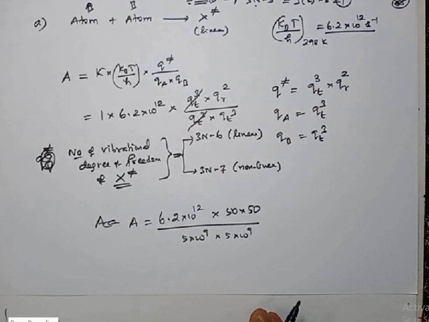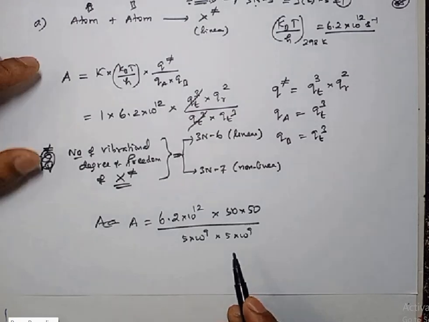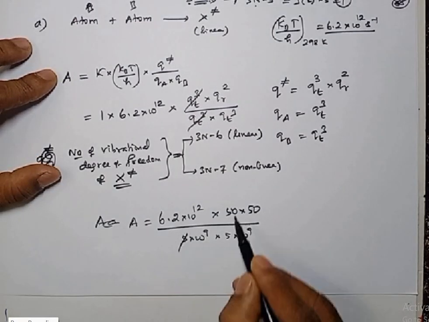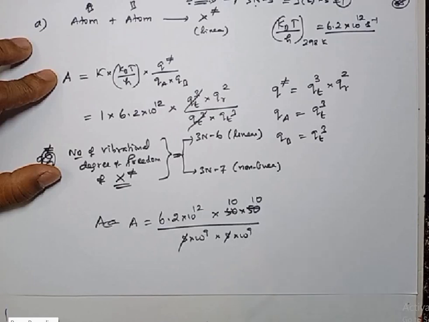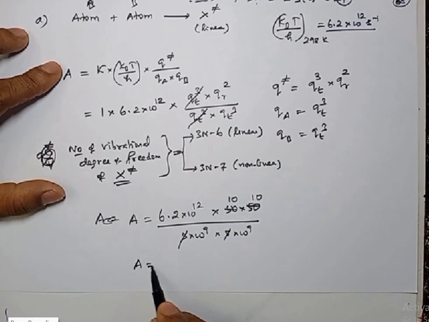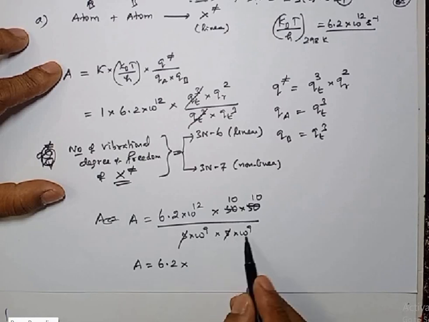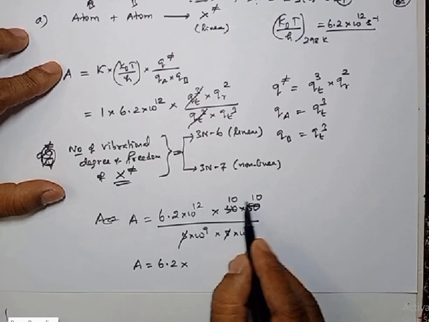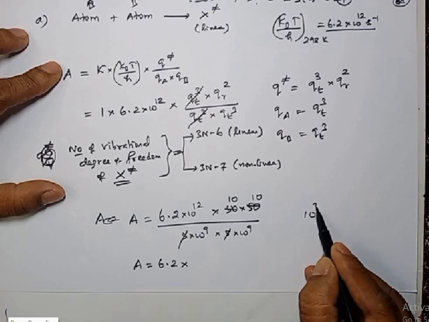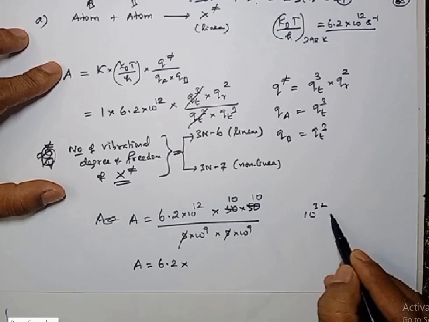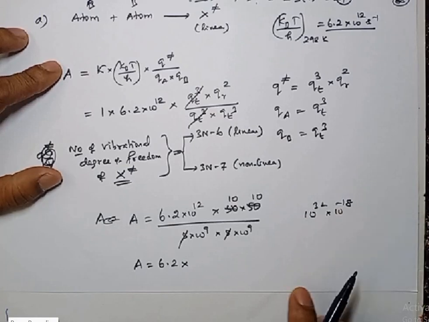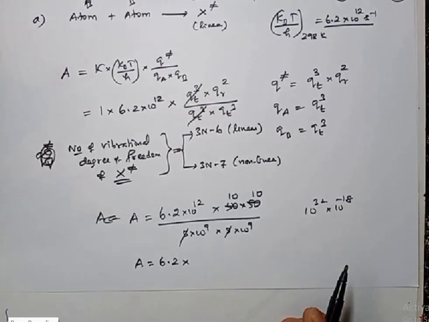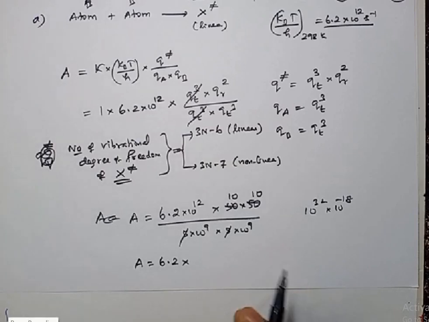Now, we need to simplify this. How to do that? See, 5 fives are 25, 10 fives are 50. Yeah, I just made a mistake.